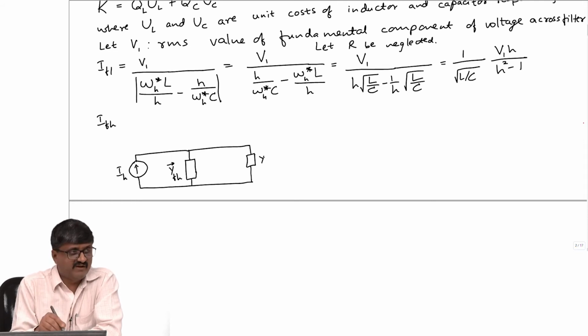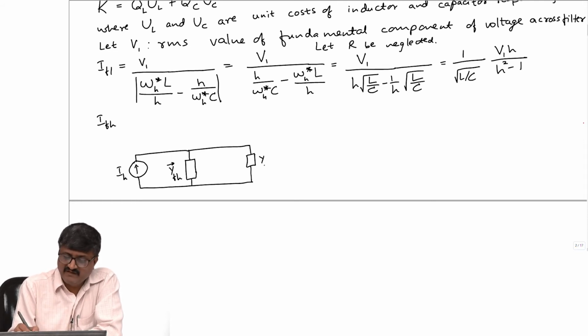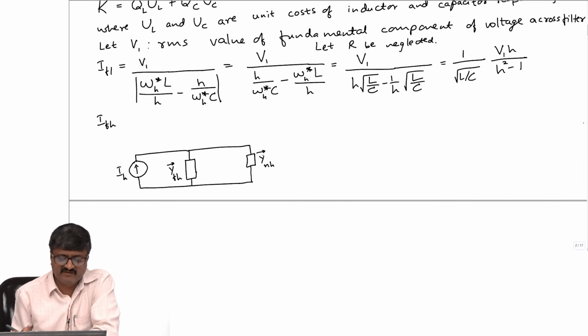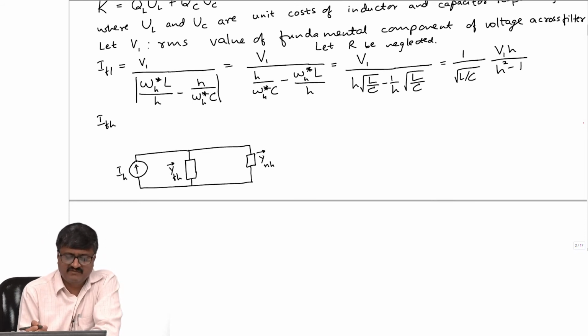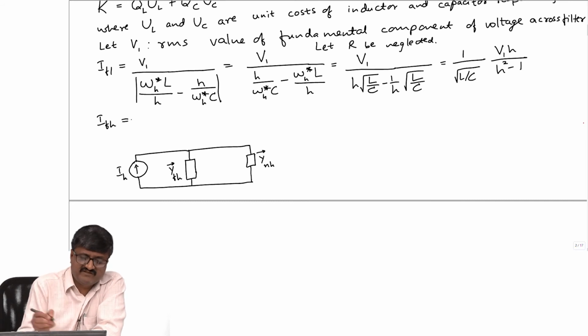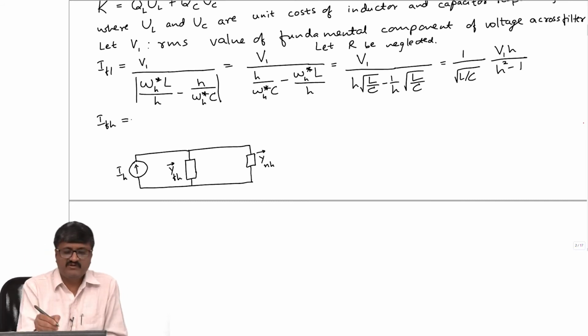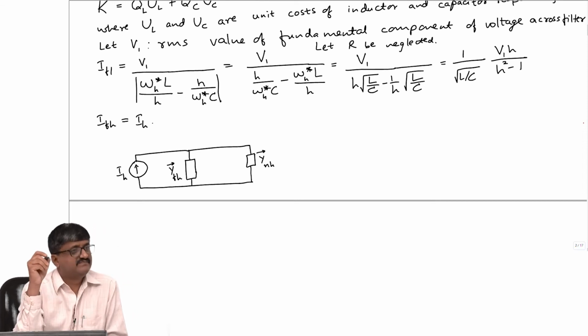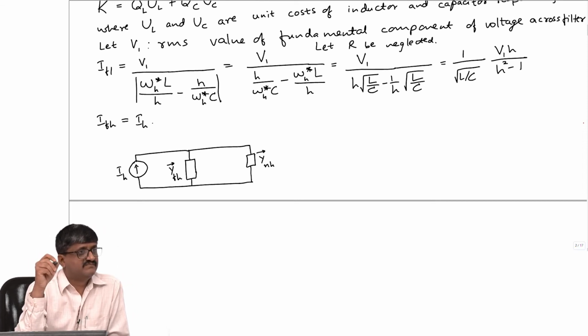Now, we are considering only harmonic frequency. The network has an admittance Y N H. So, can I write IFH in terms of IH and Y of H and Y N H? So, what is IFH in terms of IH? It is equal to IH into what? There is something wrong there.